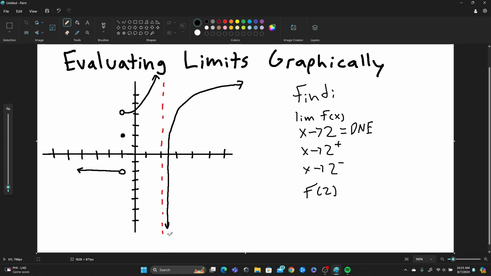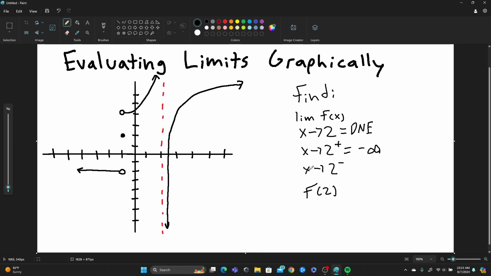So this is going to continue to go down along this asymptote for an infinite amount of time, and it's going to get closer and closer to negative infinity. And x is going to continue to get closer and closer to 2. So the limit as x approaches 2 from the right equals negative infinity.